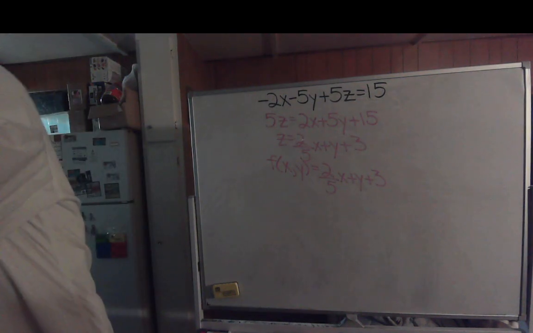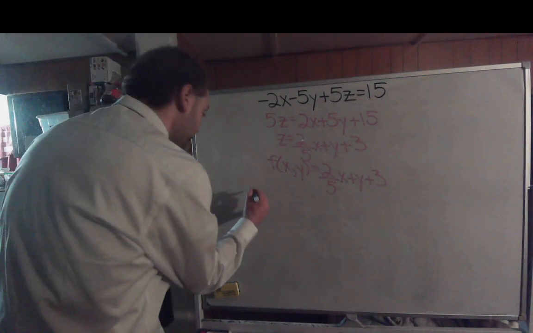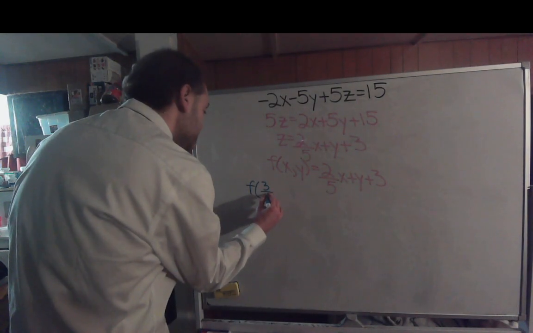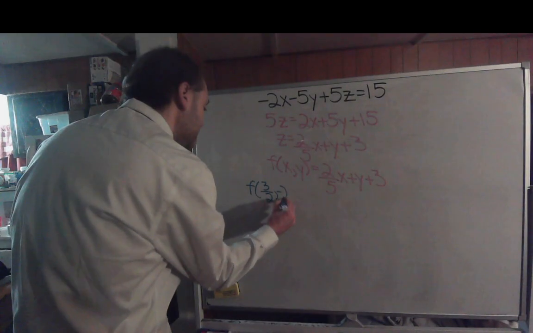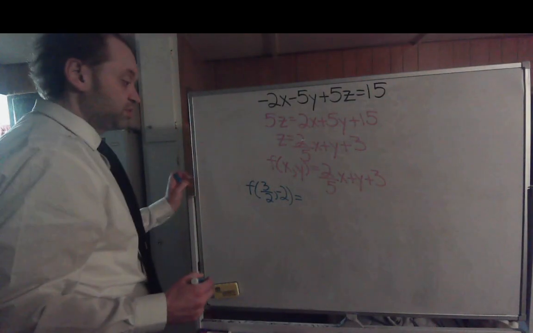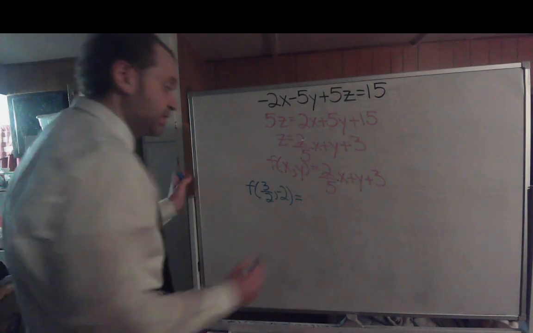Now we're going to be asked to solve for f of 3/2, negative 2, and we'll get a value of z. So all you're going to do is plug in 3/2 into your x variable.